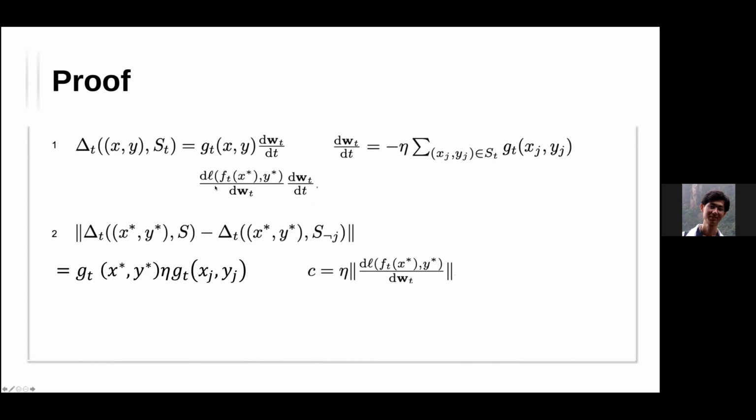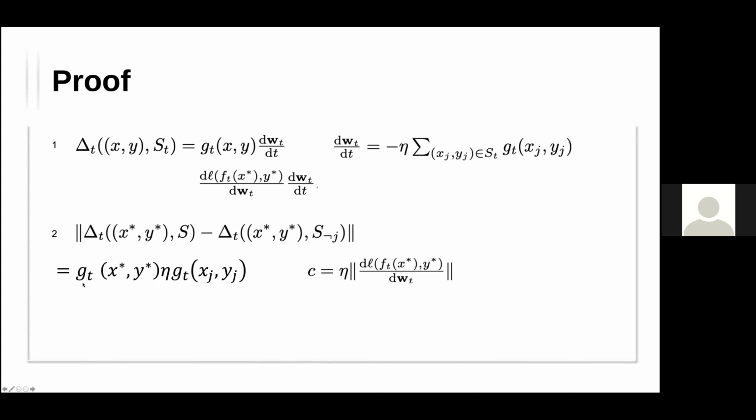Yeah, and the first term is g_t(x star, y star). The gradient of loss with respect to the weight is g_t(x star, y star), right? So this is the gradient on the point (x, y). Okay.